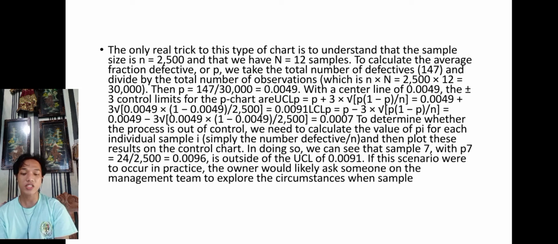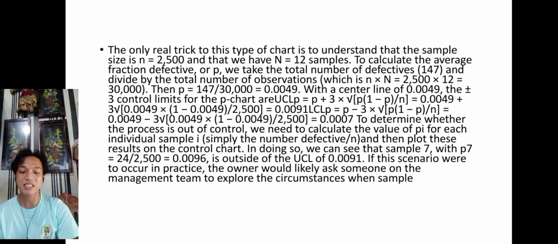In doing so, we can see that sample 7, with p_7 equals 24 divided by 2,500 equals 0.0096, is outside of the UCL of 0.0091. If this scenario were to occur in practice, the owner would likely ask someone on the management team to explore the circumstances when sampled.